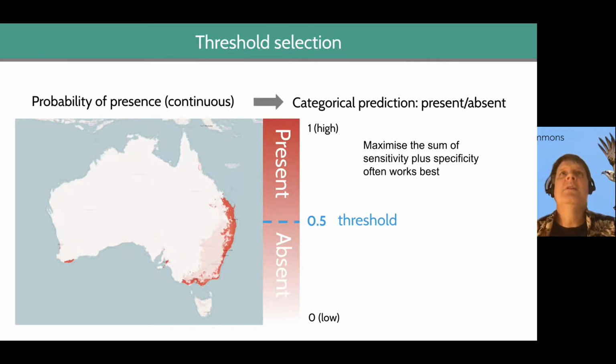And as I talked about in the previous module, generally speaking, we're interested in how well my model predicted the original response variable, which was presence or absence, zeros or ones. So that's what went into the model. But the output of most of these models is a probability of occurrence scaled between 0 and 1.